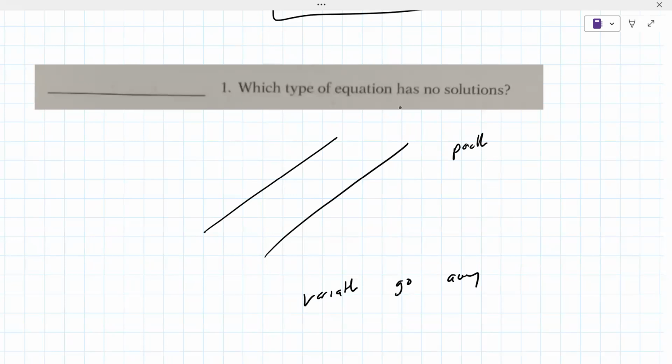They might be just looking for a word here, like if it's inconsistent, it has no solution. I really have no idea what it's looking for, to be as direct as I can be. Could be parallel, but that's if it's two equations. This only says one equation.